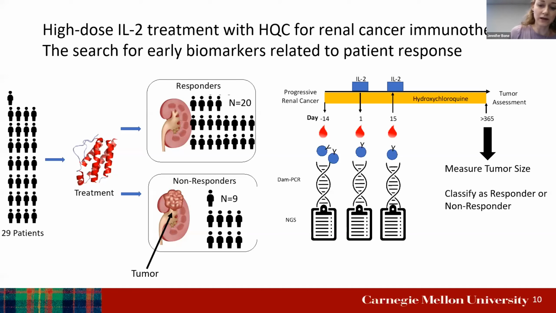And what we then ended up doing is basically next-gen sequencing along with this DAM-PCR, which I'll describe in a moment, to elucidate the CDR3 regions that we think are the variable regions responsible for carrying the information related to cancer neoantigens.